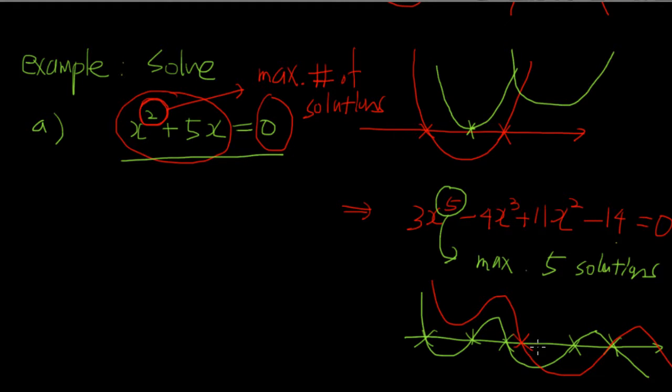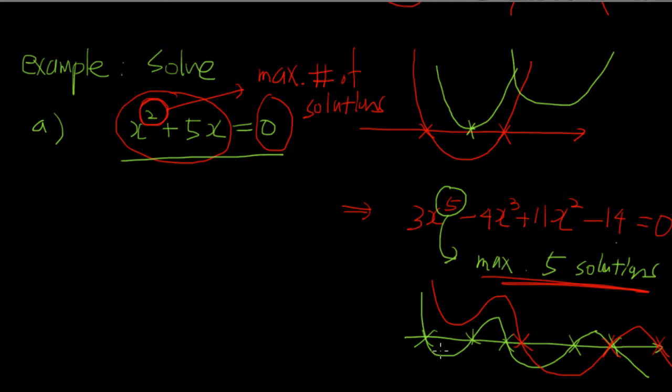Then we have only 1, 2, 3 solutions. So this 5 suggests that we could have a maximum of 5 solutions, but it doesn't guarantee. If it's shaped like that, then it's going to be 5 solutions. However, what it guarantees is the 4 turns that the graph of this equation must have.